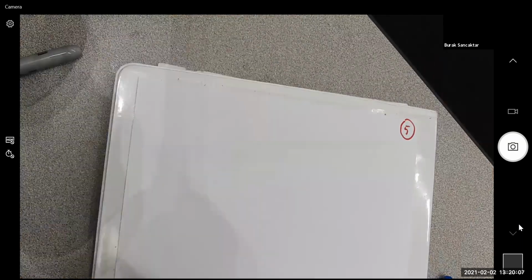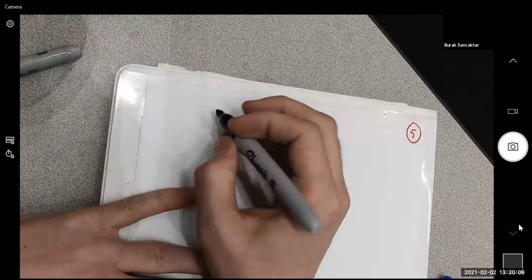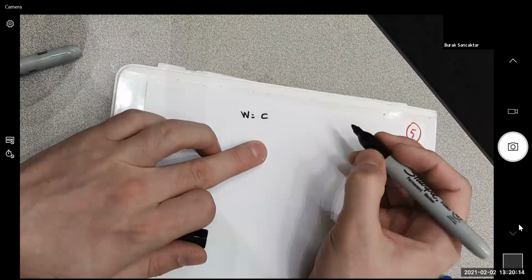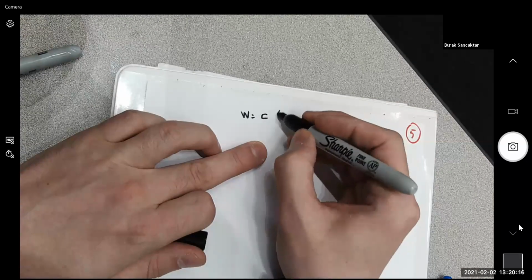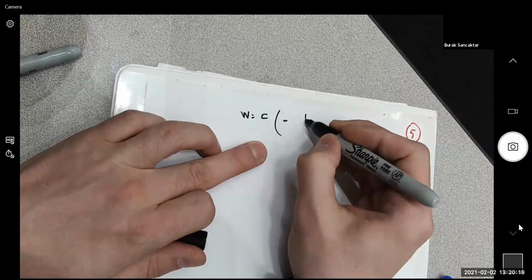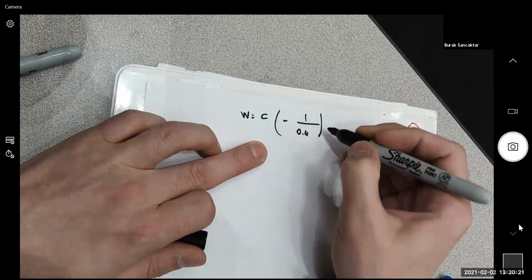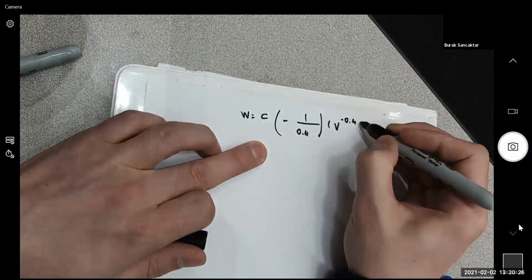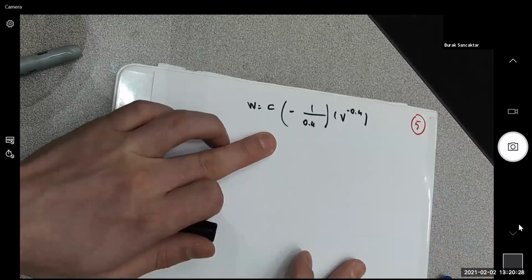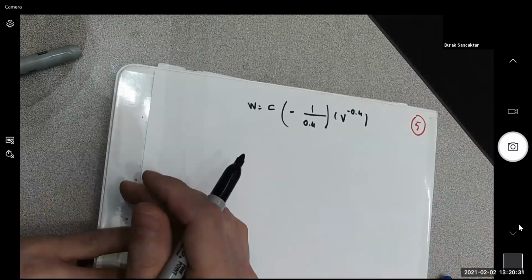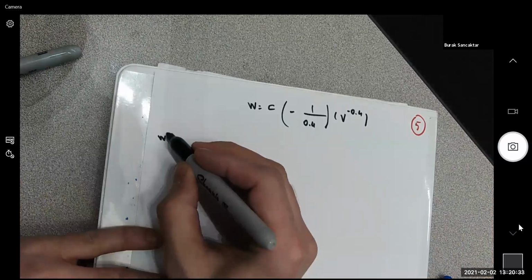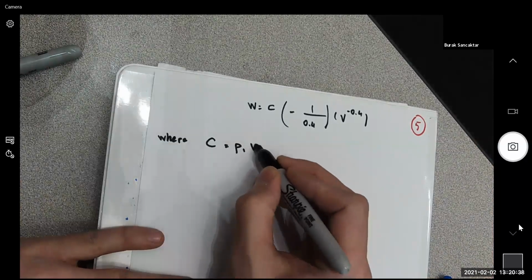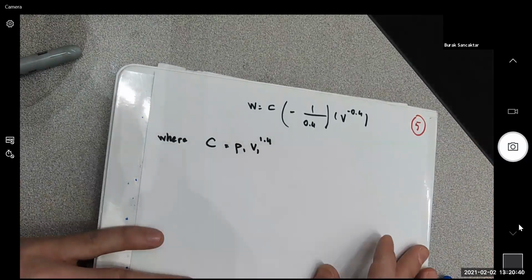If I integrate what I had, work equals constant, right, times minus 1 over 0.4 times volume to the power of minus 0.4, where the C equals P1 times V1 to the power of 1.4.